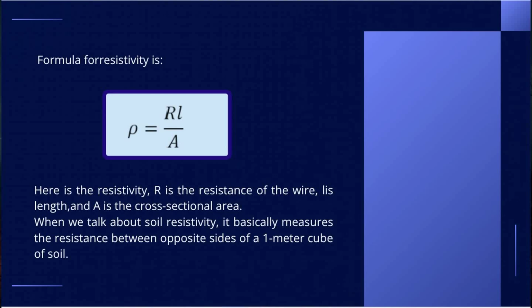So when we talk about soil resistivity, it basically measures the resistance between opposite sides of a 1 meter cube of soil. Why is it vital to measure soil resistivity when installing earthing? That's a very important question to be asked.